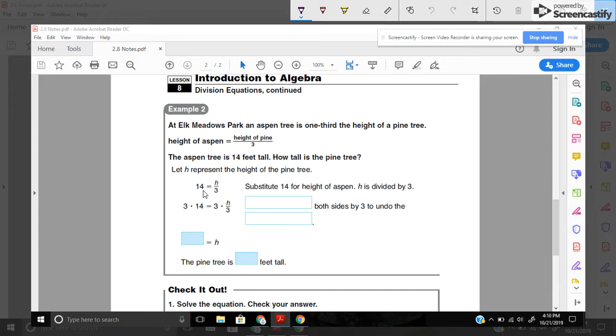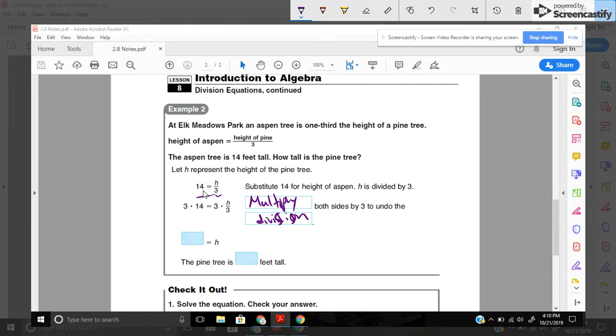So here is our equation that we're going to be using. Ask yourself what's being done to h and how do you undo it? You need to again multiply both sides by 3 to undo the division. Sorry, it's sometimes hard to spell and talk at the same time.